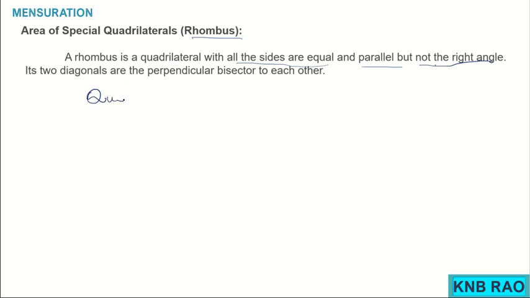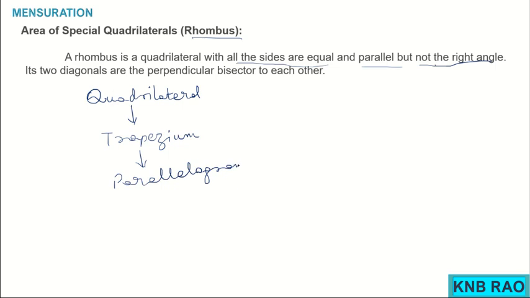Quadrilateral: the moment it gets a specialty, that is at least one pair of opposite sides are parallel, it gives a trapezium, and if both pairs of opposite sides are parallel, it gives a parallelogram.